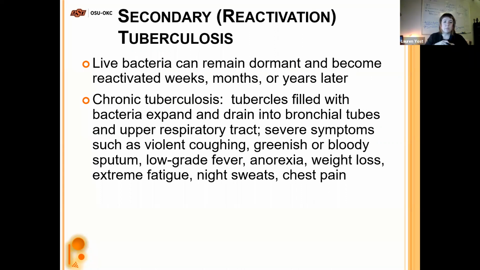We can see severe symptoms, including violent coughing, greenish or bloody sputum, low-grade fever, anorexia, weight loss, extreme fatigue, night sweats, and chest pain. That is why, ladies and gentlemen, they call it consumption, because essentially your body is consumed by all of these horrible symptoms associated with having tuberculosis.